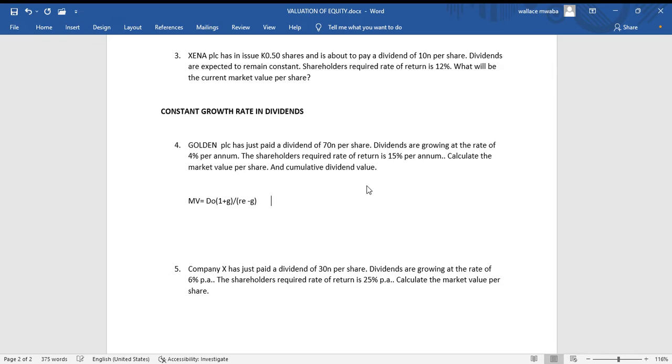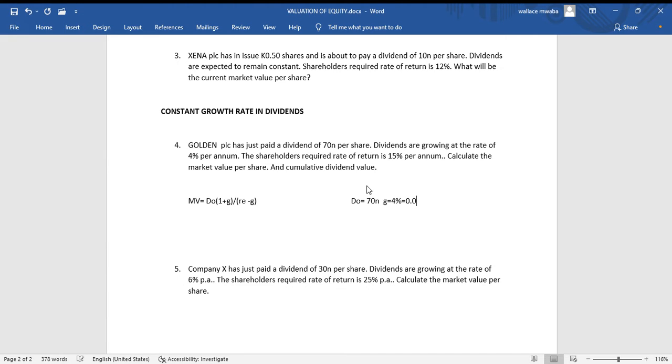So in this question, our D0, which represents the current dividend, is 70 ngwe. And our growth rate, which is g, is 4%. 4% can be rewritten as 0.04.